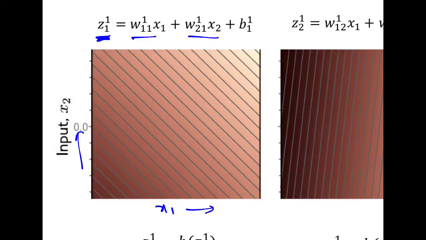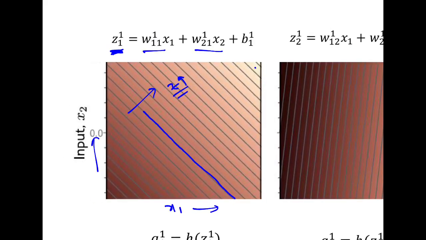So wherever the color is the same, that is a constant value for z. And these lines represent those points which have the same color. So different lines here represent different values of z. And you can see it is increasing in this direction perpendicular to the lines, because it's getting lighter and lighter. And along this direction, z is the same along this line. Is it clear? This visualization is clear?